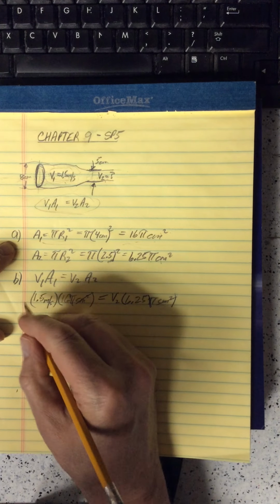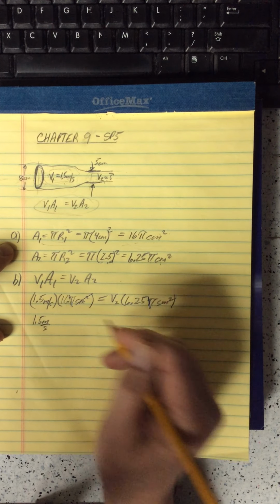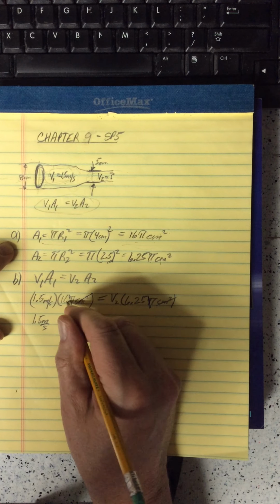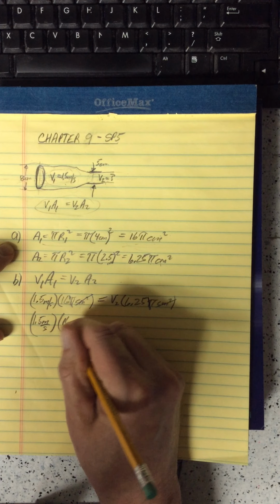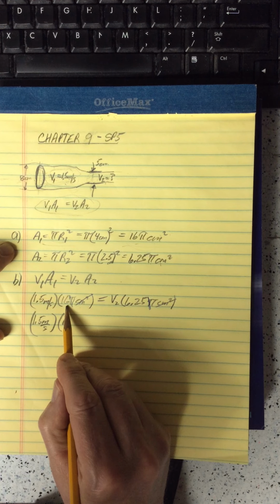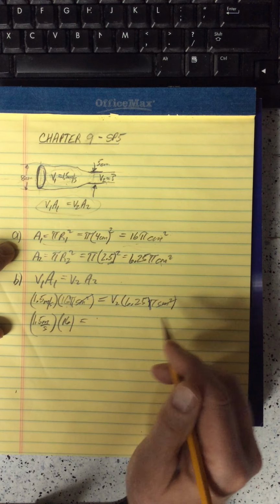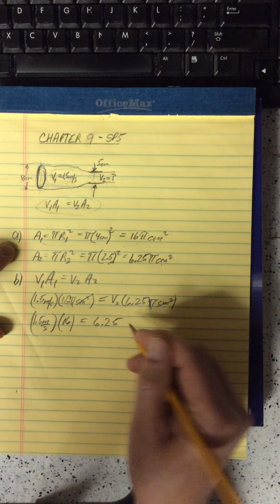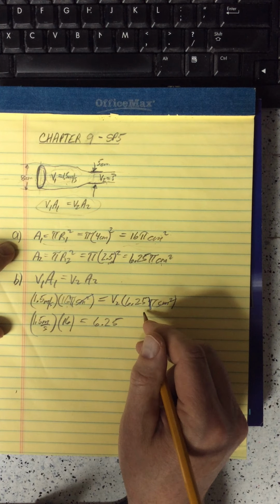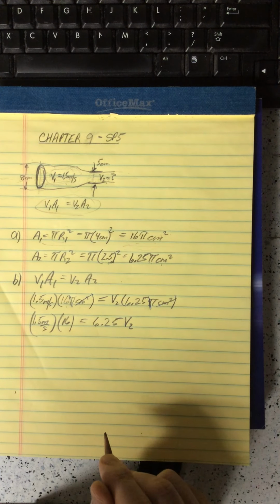We have 1.5 meters per second times 16, that's going to equal 6.25 V2.